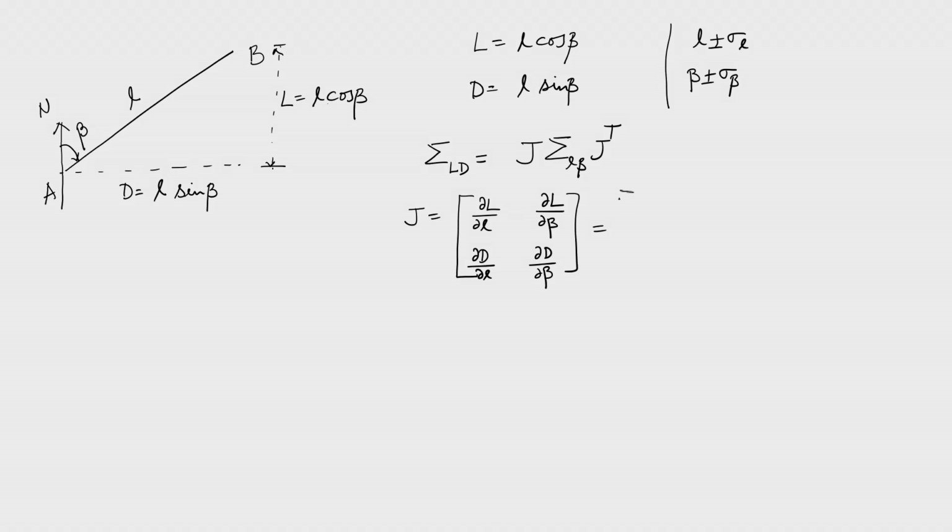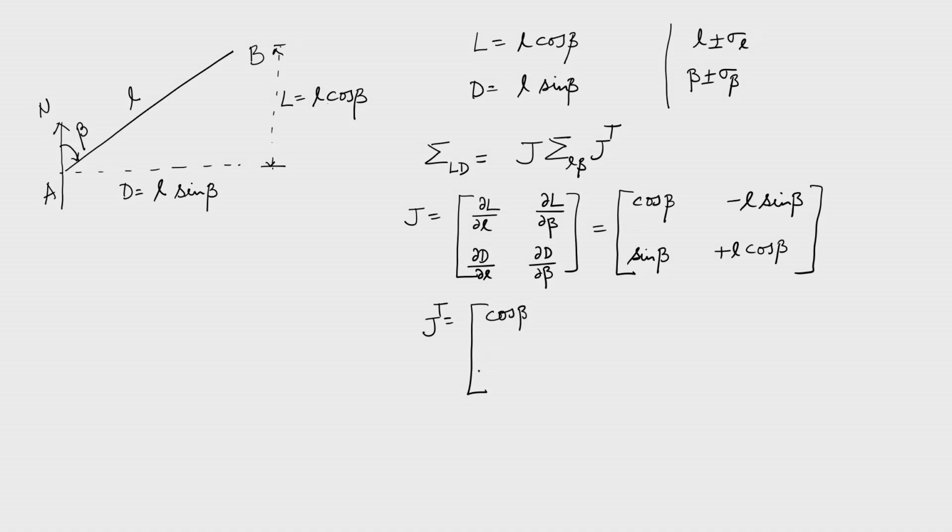And if I calculate the values, you can also do it yourself. It is cos beta, here it will be minus L sin beta. Okay, what is the second row? Again it is sin beta, and here it will be plus L cos beta. J transpose, that is the transpose matrix of J.